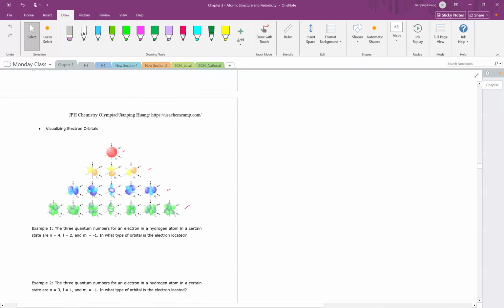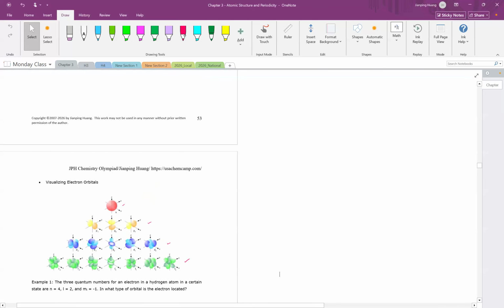We discussed that by solving the Schrodinger equation, we get 3 numbers: n, l, ml.